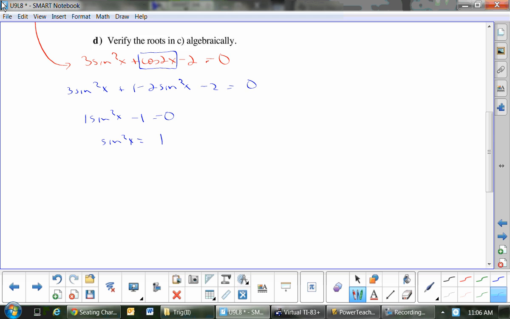Here is where this was a diploma question. We'd lose a lot of the province on this one, because I have to take the square root of both sides. Sine x would equal plus or minus 1. You can see how obviously this is going to be a deal breaker.